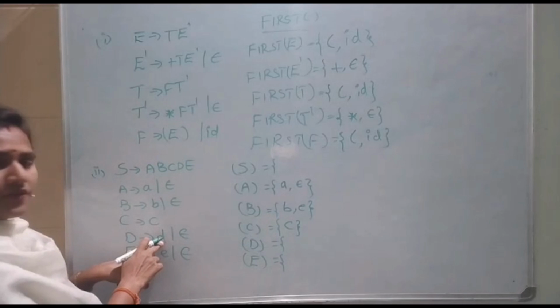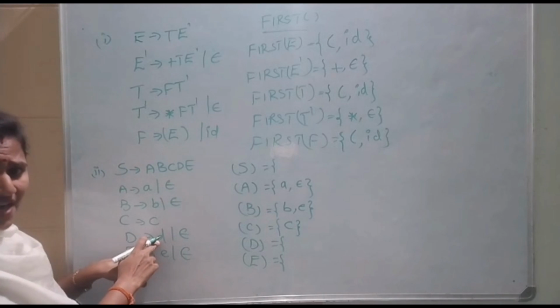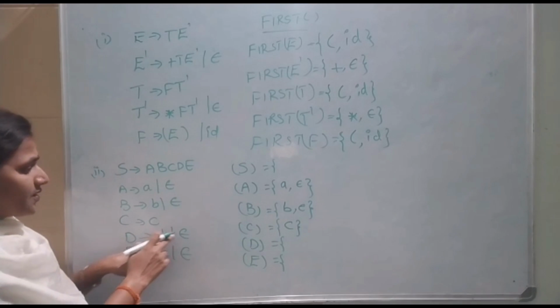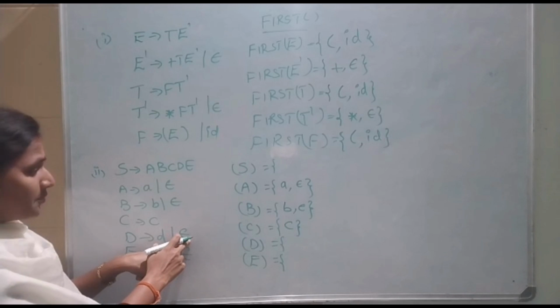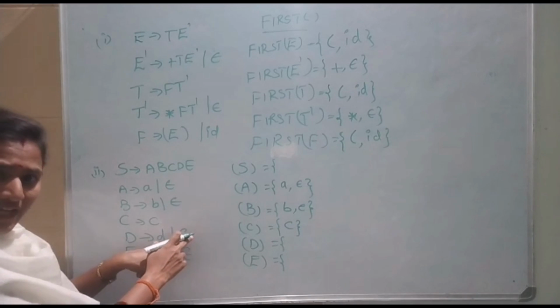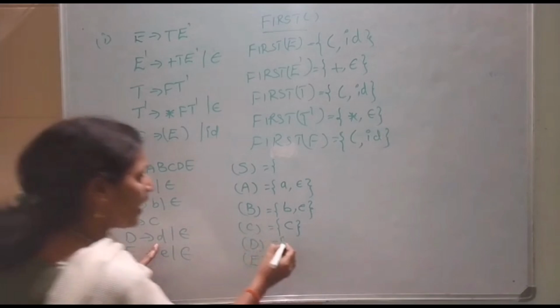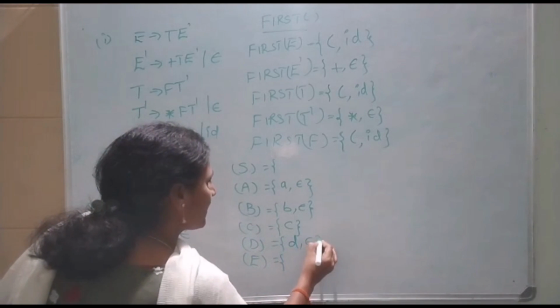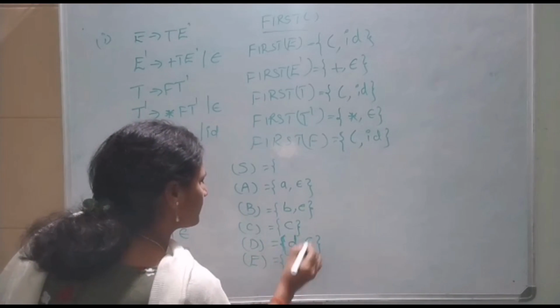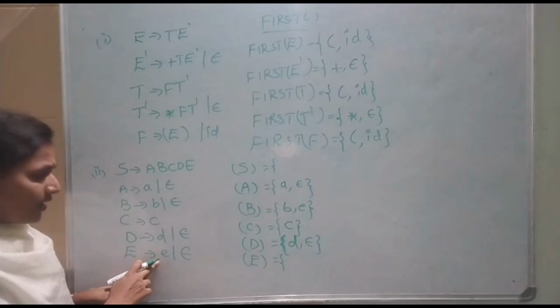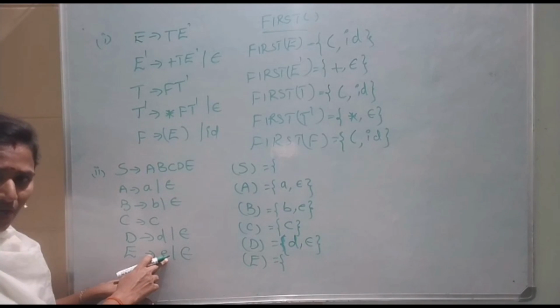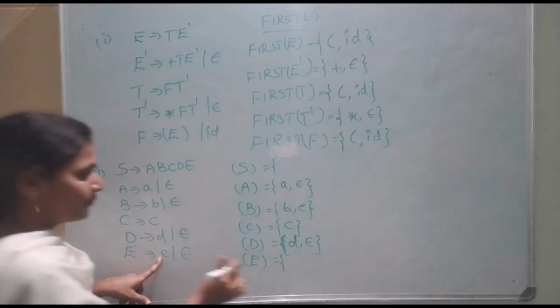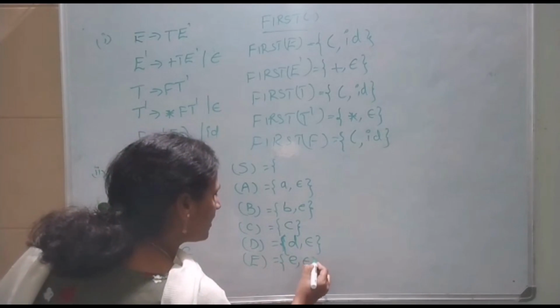Go for first of D. D starts with a terminal, small d. There is another production for the non-terminal D, that is D derives epsilon, and epsilon is also a terminal. So I take d comma epsilon. Go for first of E. Whether E starts with a terminal at the RHS? Yes, which is small e. So small e comma epsilon.